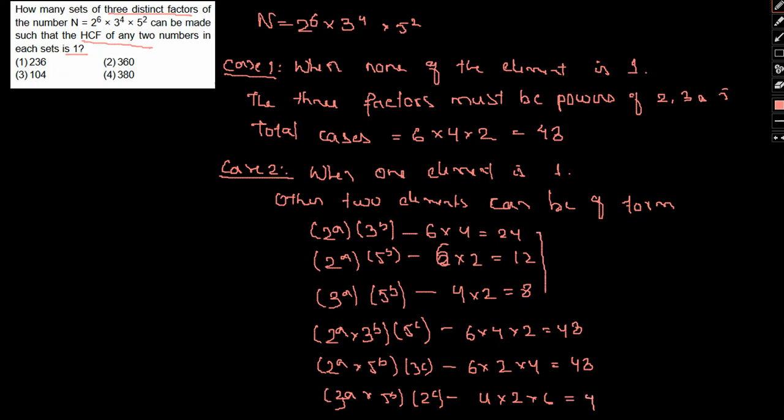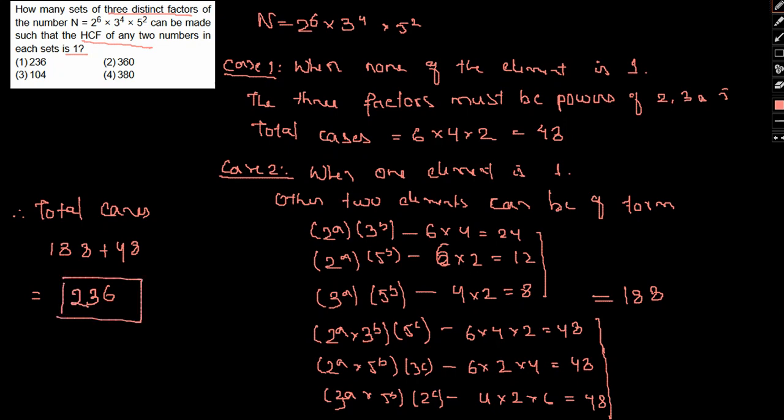So if we add all these things up, 48 into 3 plus 24, that would come out to be 168. Okay, from case 2. So therefore the total cases would be 168 plus 48, that would come out to be 216. That is option A will be the correct answer.